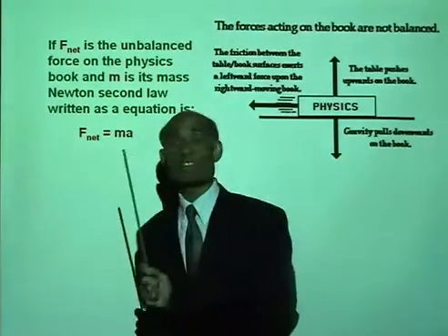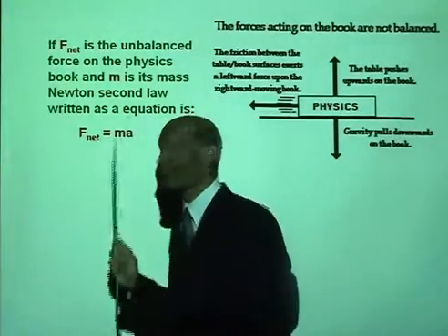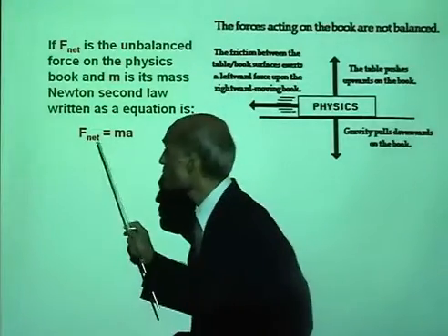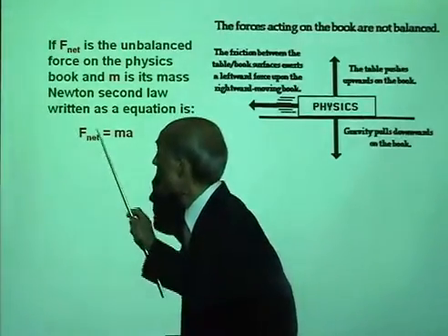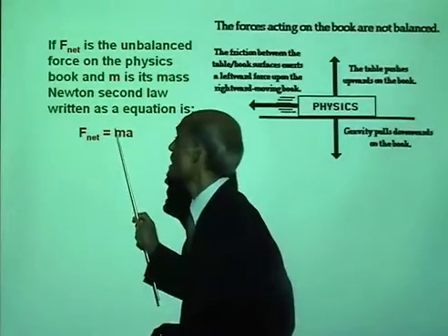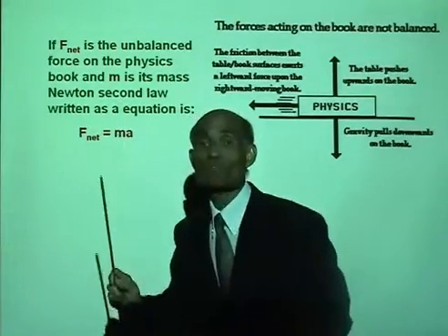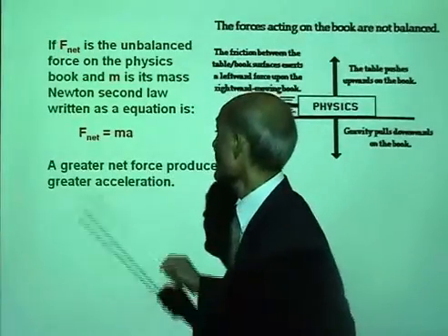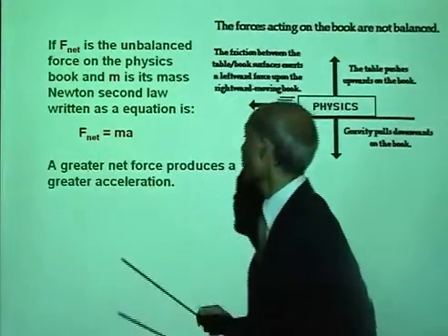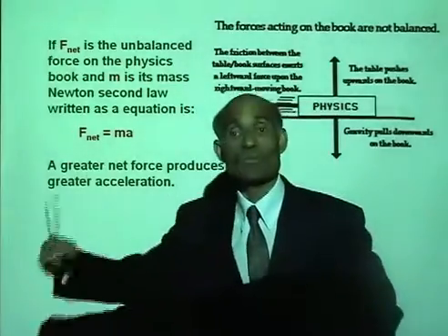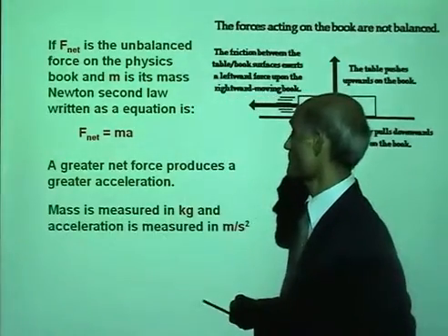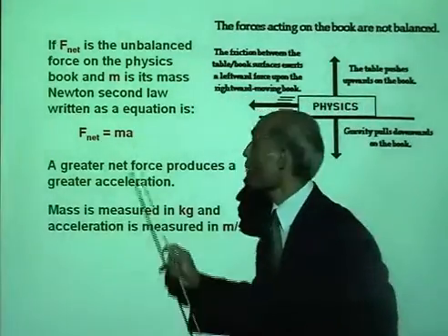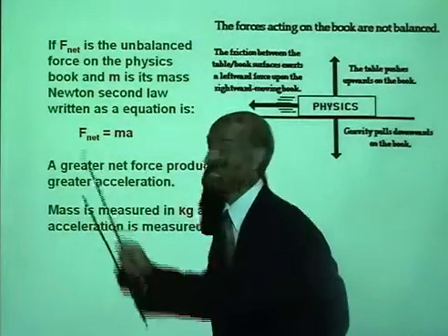When you represent that as an equation, this is how it looks. I want you to remember this equation. The unbalanced force F net equal to mass of the object times its acceleration. Now, a greater net force produces a greater acceleration.